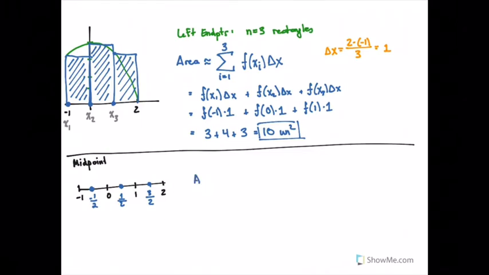So the area here is going to be, and we're going to do something a little bit different this time. How about, since delta x is a constant, we can actually bring that out in front of the sum.